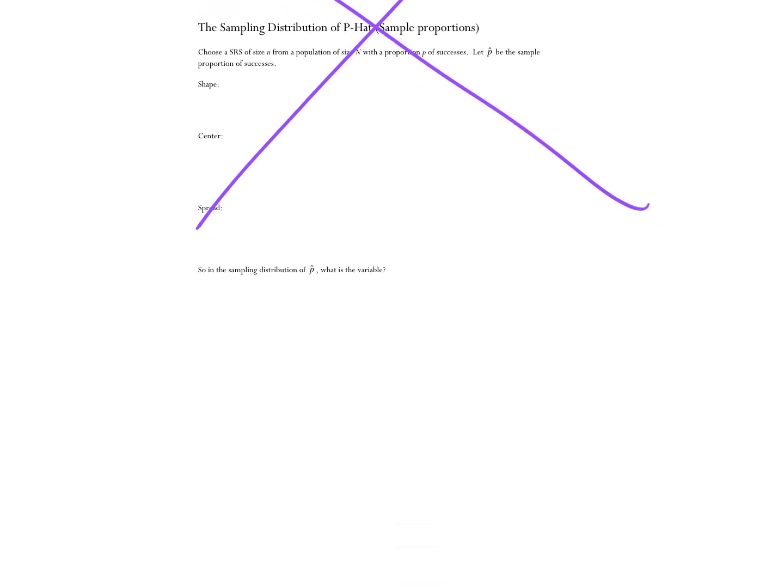When we talk about a distribution, like a dot plot or a histogram, this is an approximation of a sampling distribution of P hat. What is my variable here? Something and not something? Like binomial? Nope. More specific.